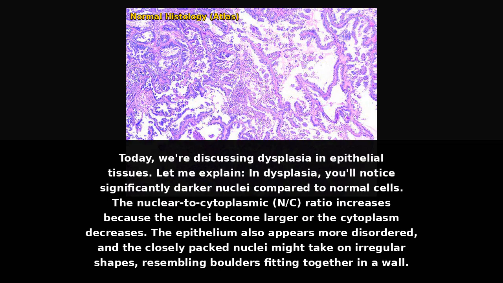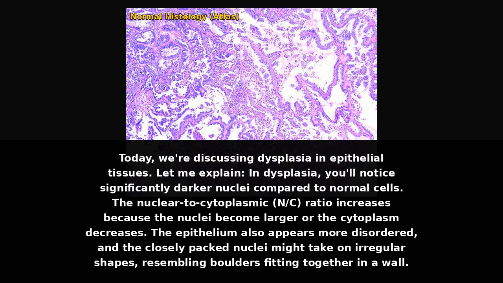Today, we're discussing dysplasia in epithelial tissues. Let me explain. In dysplasia, you'll notice significantly darker nuclei compared to normal cells. The nuclear to cytoplasmic (NC) ratio increases because the nuclei become larger or the cytoplasm decreases.